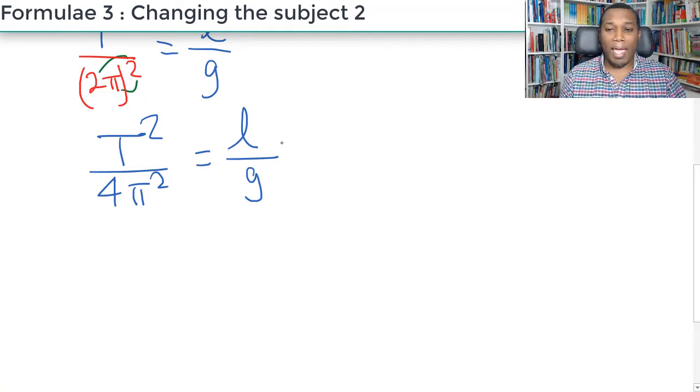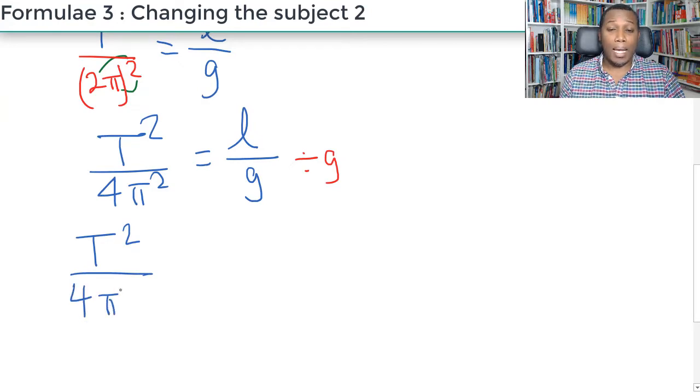At the moment we have this, the fraction bar means to divide, so we have divide by G on the right hand side. It needs to go over to the left, which means I need to multiply by G. So multiplying by G, I have the t squared on 4 pi squared.